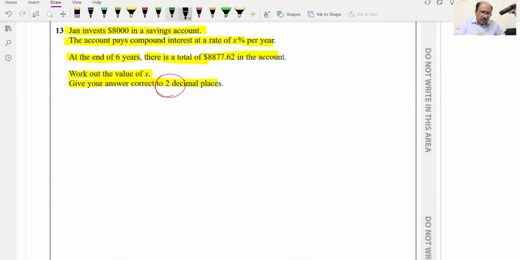Now the formula for compound interest is what? A is equal to P into 1 plus the rate over 100 raised to the power time duration T, and this is the formula which we will be utilizing. This will be A, the amount received at the end of the term. So 8877.62.